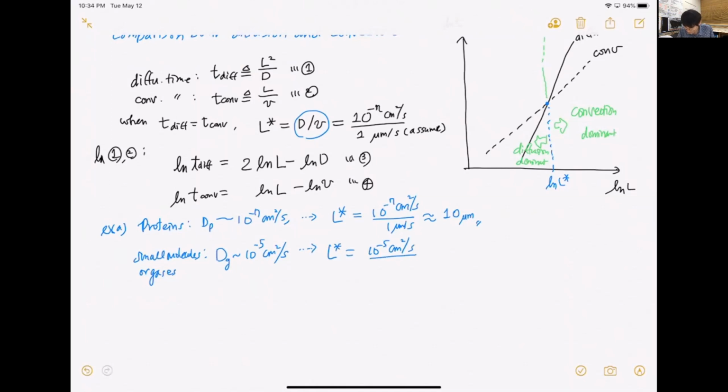Let's put the velocity as 10 micrometer per second.